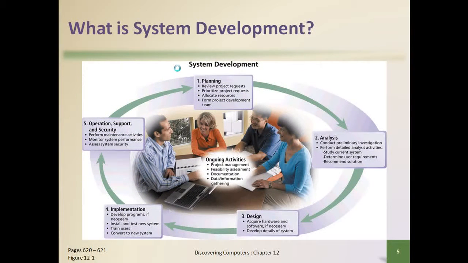Ini adalah contoh gambaran system development, dimulai dari proses planning atau perencanaan. Itu dia ada kegiatan review product request, prioritize project request, allocate resource, form project development team.